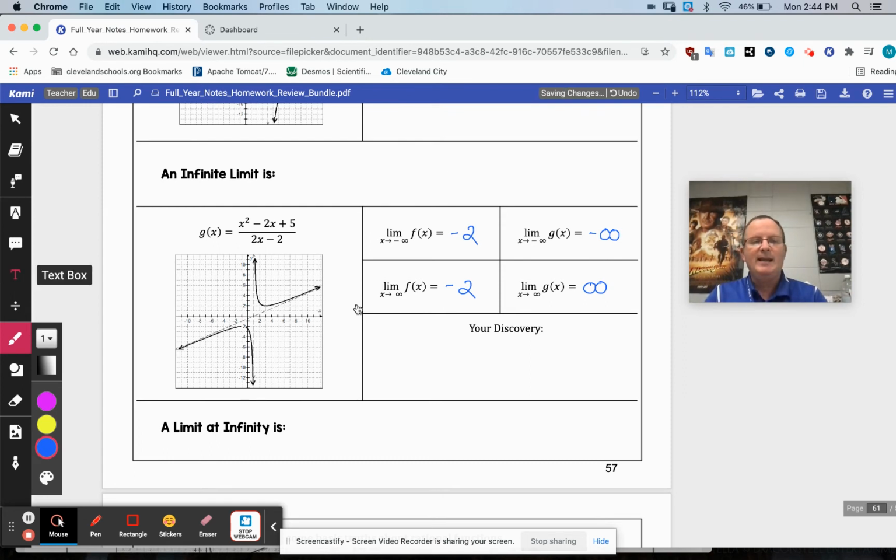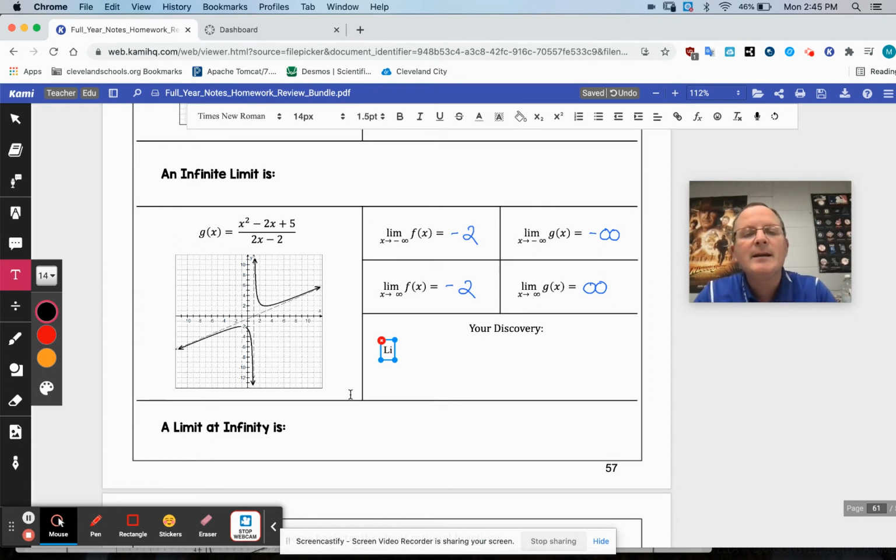All right, so what could we say? Well, we could say limits at infinity can approach a horizontal asymptote or a slant.